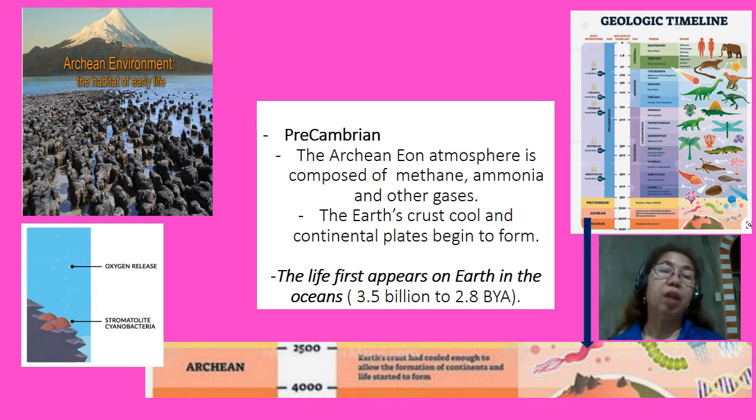After billions of years had passed, life first appeared on Earth in the oceans. These organisms are the stromatolite cyanobacteria. According to studies, these are chemoautotrophs. They are anaerobic bacteria.